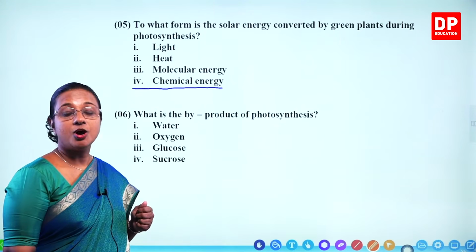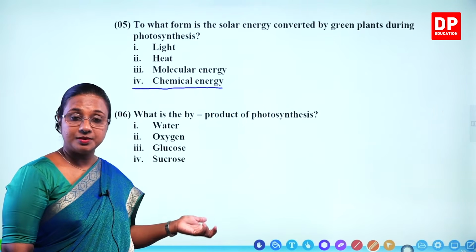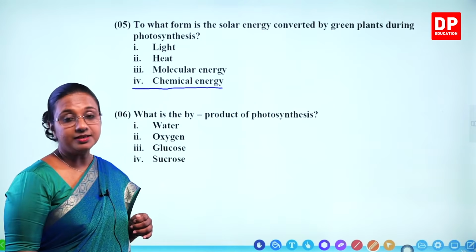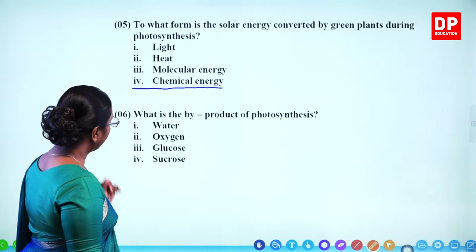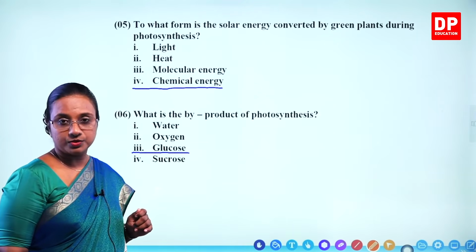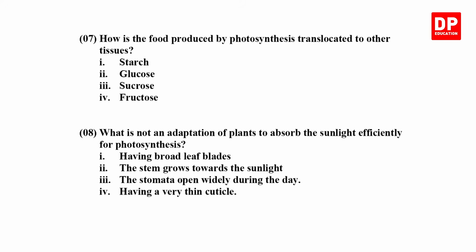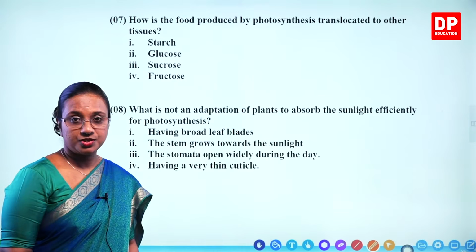That again, you all know the products are glucose and oxygen. Glucose is the main product, oxygen is the byproduct. Water, oxygen, glucose and not sucrose. I'll move on to the next one. How is the food produced by photosynthesis translocated to other tissues?